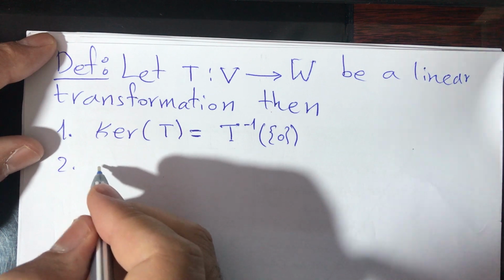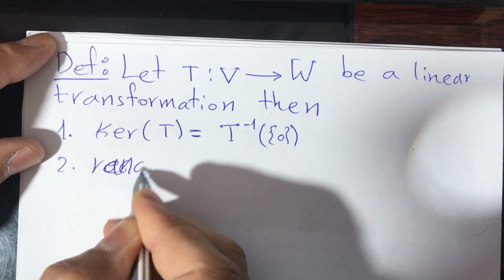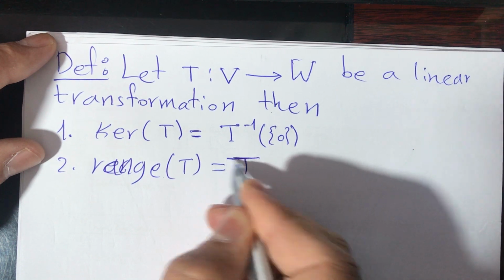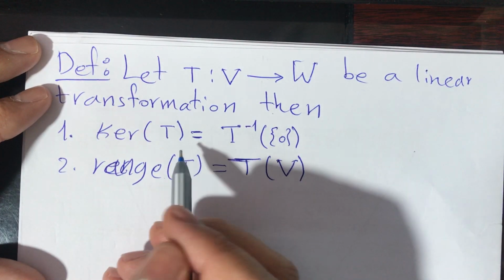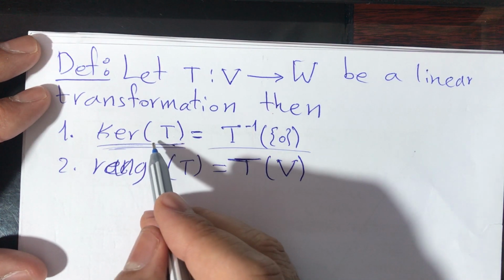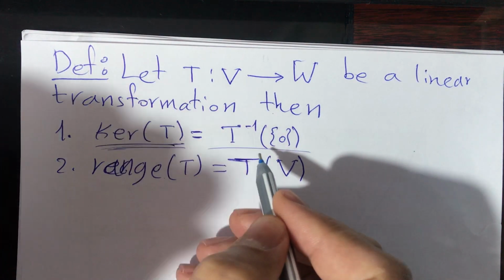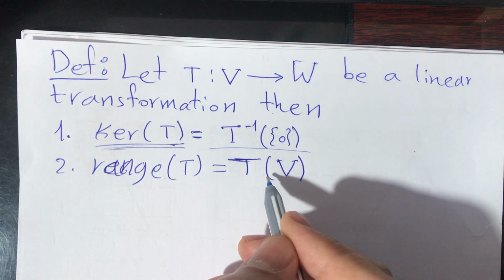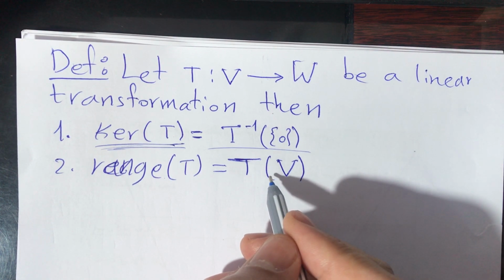Number 2: range of T is equal to T of V. This is the definition of kernel. What is the kernel of T? The kernel of T is the inverse image of 0. And the range of T is equal to T of V, which is the image of all the elements in V.